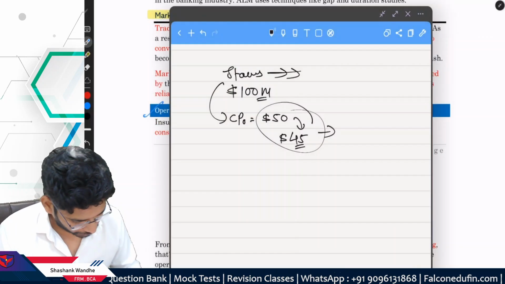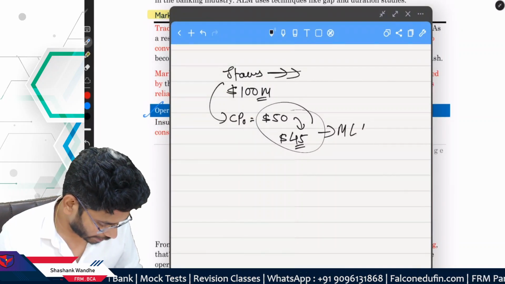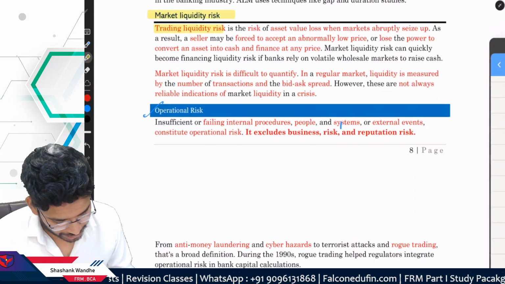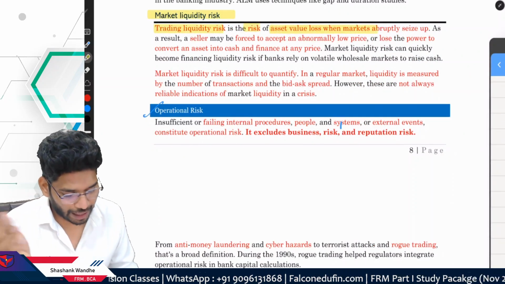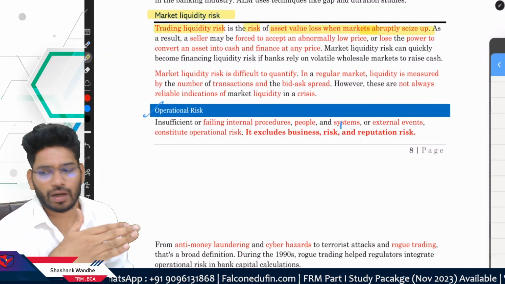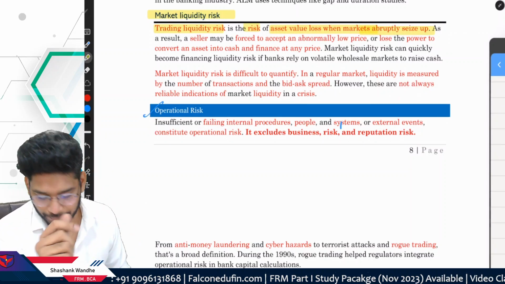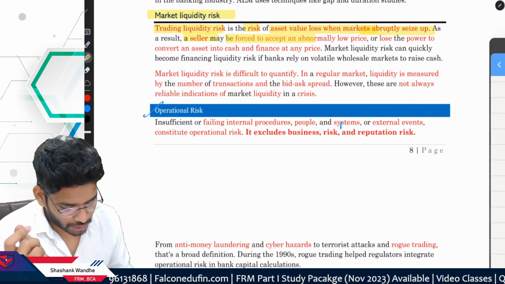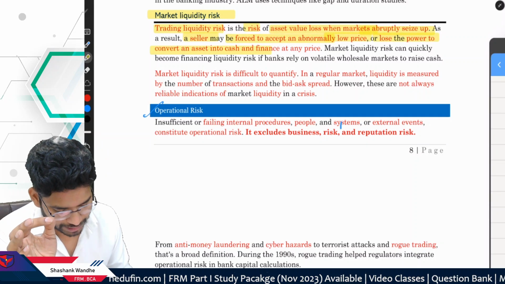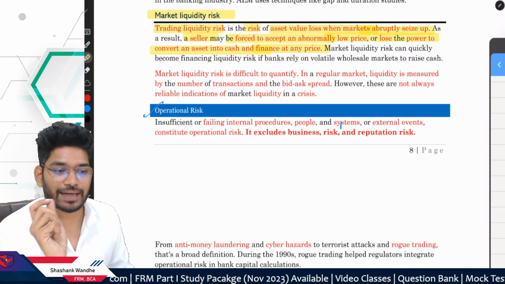Remember this: market liquidity risk. The trading liquidity risk is the risk of asset value loss when the market abruptly dries up or there are not enough buyers in the market. As a result, the seller may be forced to accept abnormally low prices, or lose the ability to convert the asset into cash at any price.